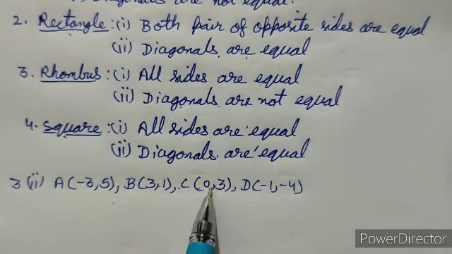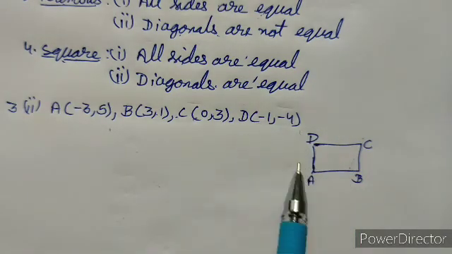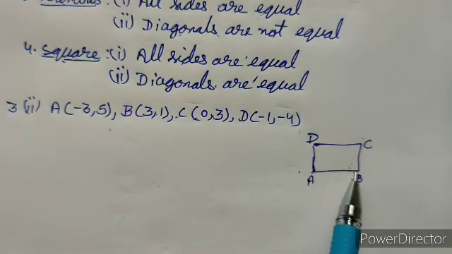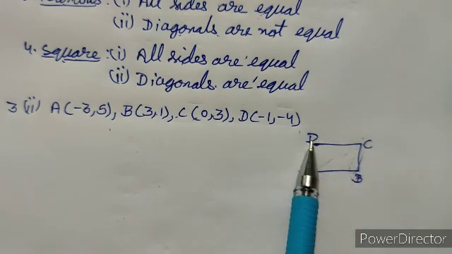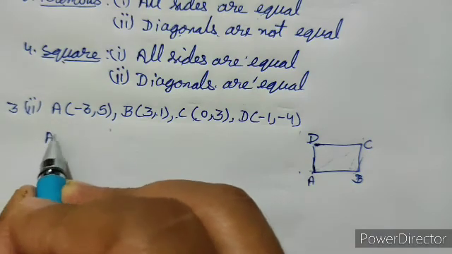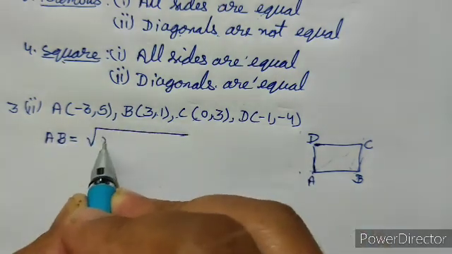We have to check which type of quadrilateral it is. For that, I am drawing a rough diagram of the quadrilateral ABCD. First of all we will find out the sides of the quadrilateral and then the diagonals.